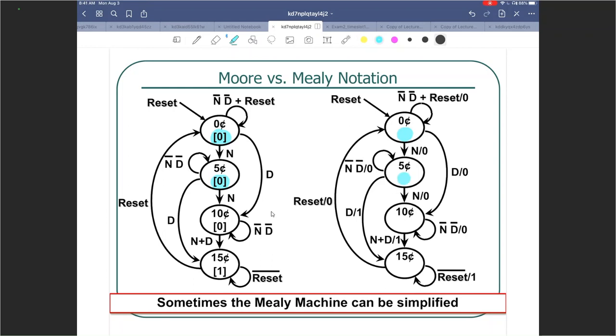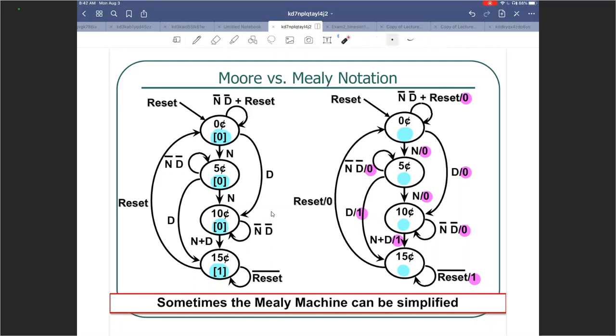For example, the outputs are not there, and the outputs instead are over here, and so on. So the outputs are now a function of the arc, not the circle. But apart from that, there is no clear difference for this particular finite state machine.